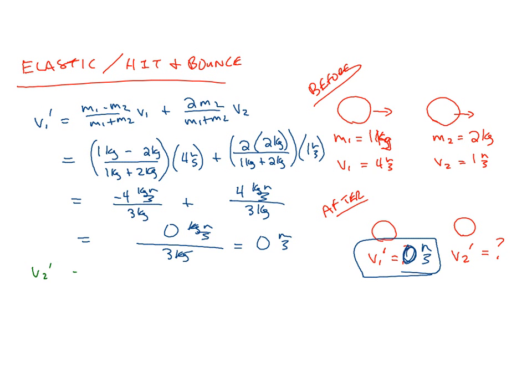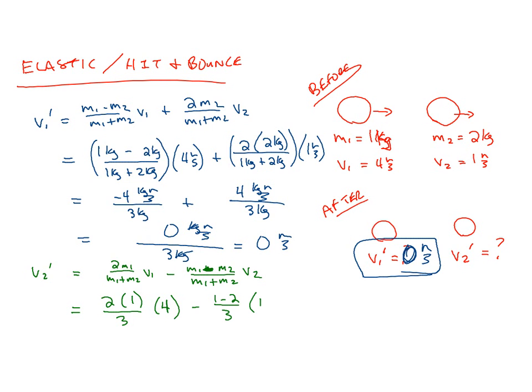Here, V2 prime is equal to 2M1 over the sum of the masses times V1, minus the difference of the masses over the sum of the masses times V2. And I'm going to have to get tricky to get all this in here, but 2 times 1 over 3, all of that times 4, minus (1 minus 2) over 3 times 1.